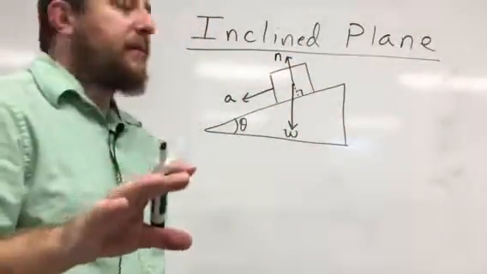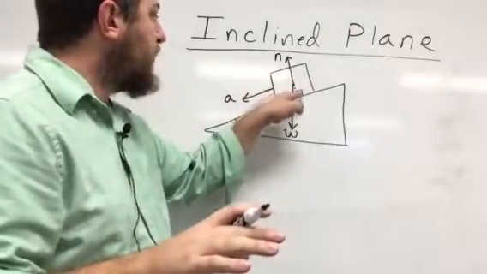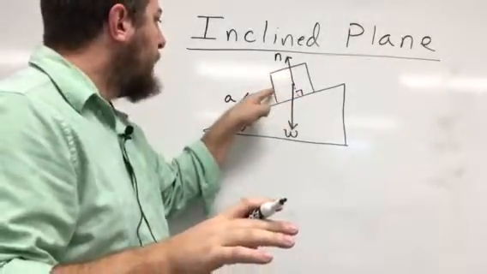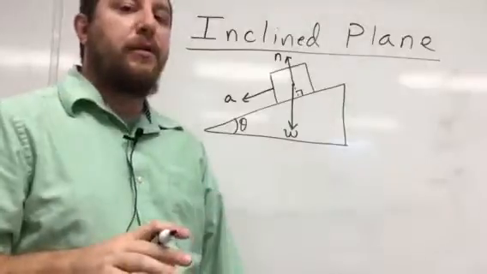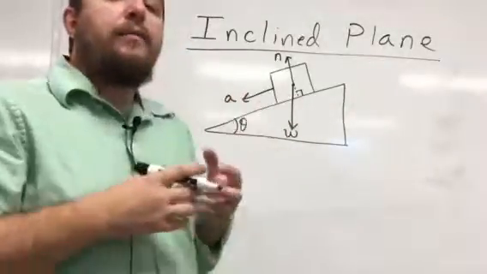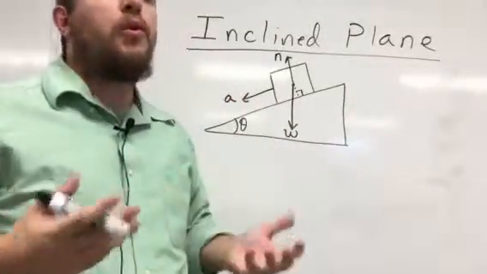And now notice, since the normal force is perpendicular to the plane and my acceleration is parallel to the plane, it would make more sense to define a new coordinate system.